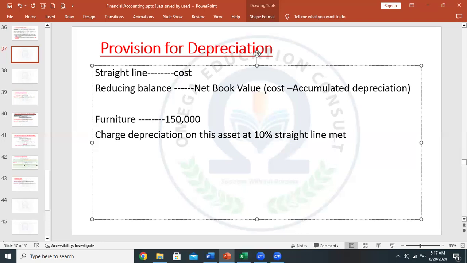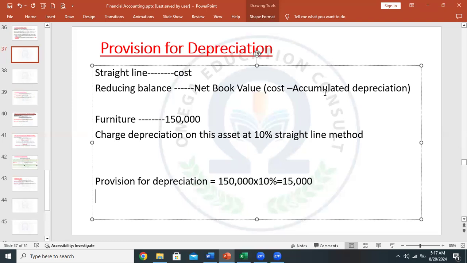What they are trying to tell you is that if you are calculating the provision for depreciation, you just multiply the 150,000 by the 10% given, and that will give you 15,000. That's all.